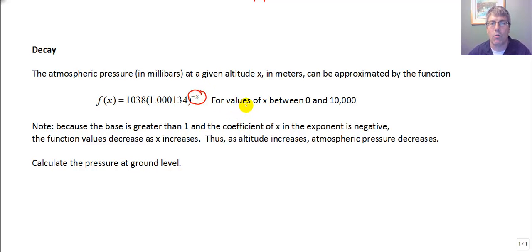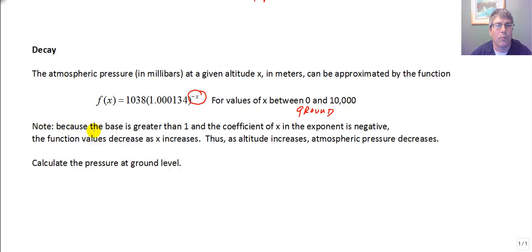And this function holds for values of x between 0 and 10,000. So 0 is probably ground level and 10,000 meters high, that's pretty high. That's about 6 miles in the air.